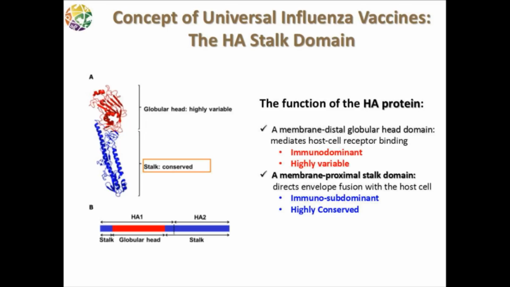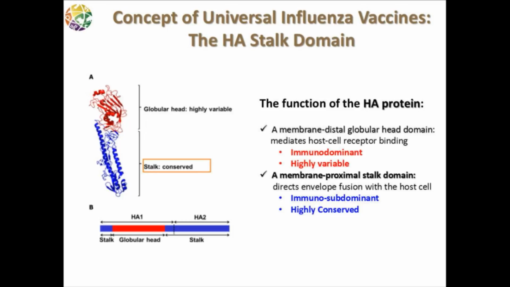In order to explain this concept, I need to give some background information on the hemagglutinin protein of influenza. Hemagglutinin consists of two domains: the globular head, which is highly variable and determines the antigenic properties of the isolate, and a more conserved domain called the Stalk domain.